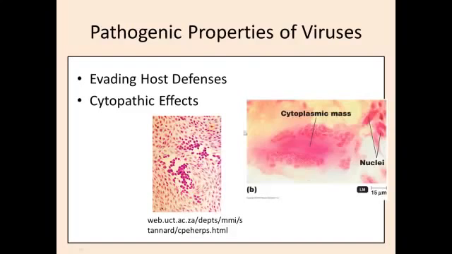So here's an example. This would be a situation in which the virus has caused host cells to fuse so that they can pass from host cell to host cell and get access to more nutrients to make more of itself. Okay. Another one would be where it's causing damage to the inside of the cell. The cell is not making the proteins that cause it to stick to the bottom of the flask that you're growing the cell in, and so they round up.